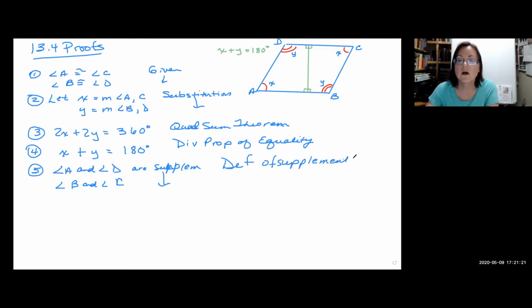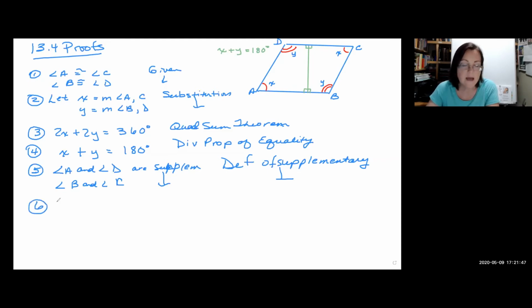Don't comment on my handwriting on the little whiteboard here. Then, if these are supplementary, this is where we're going to pull out that theorem. Because we have pairs of supplementary angles, this is the key.